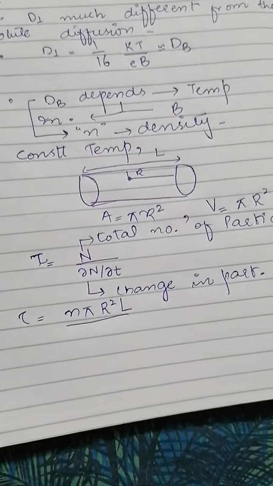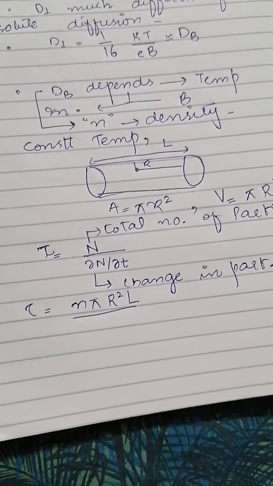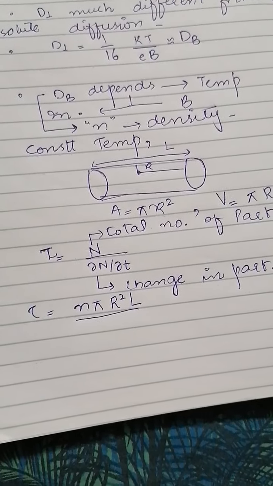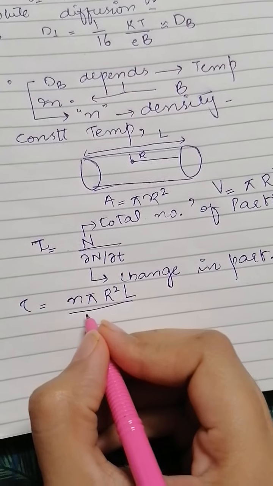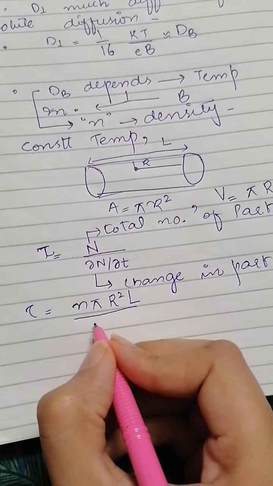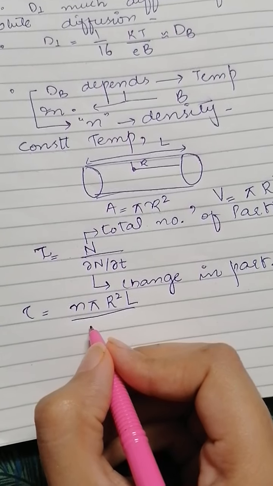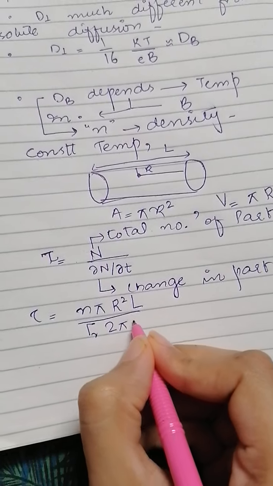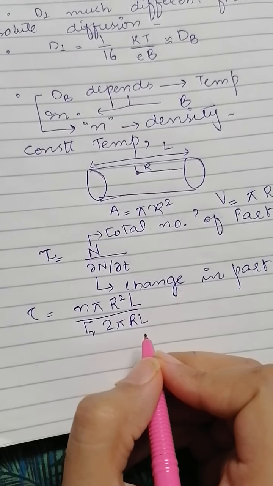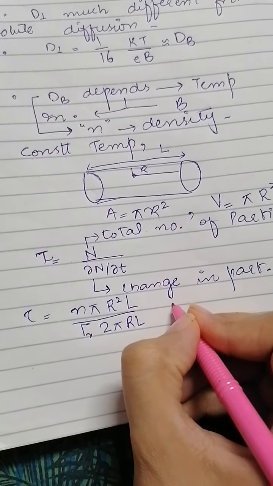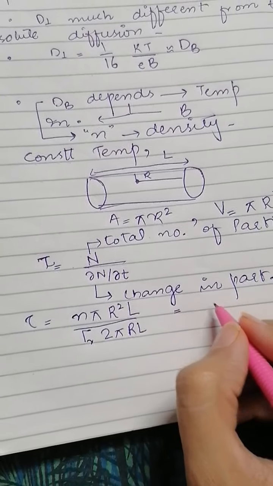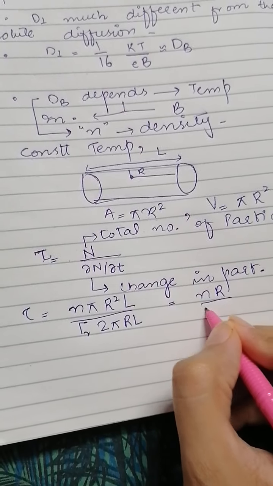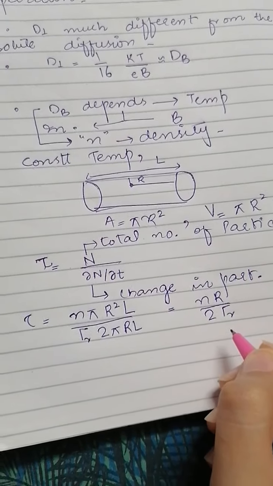This total number of particles consists of ion electron pairs, and the change can be written as flux times 2 pi r L. You can see some values are cancelling here.